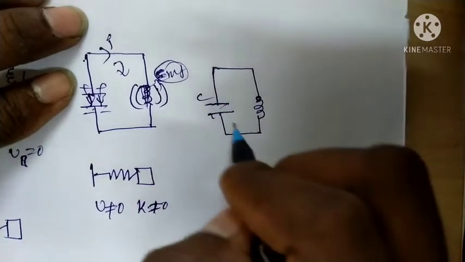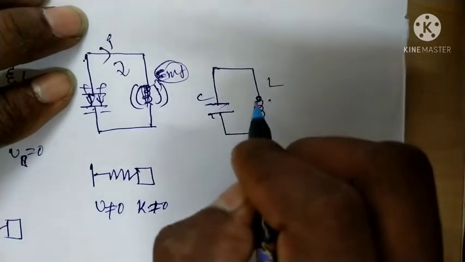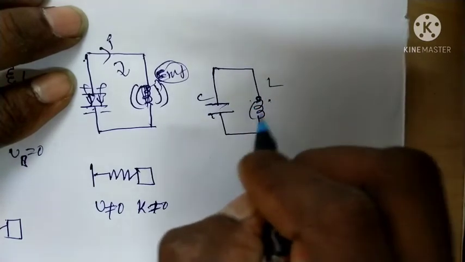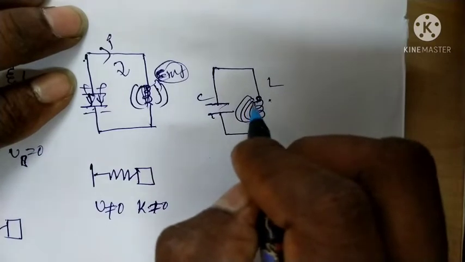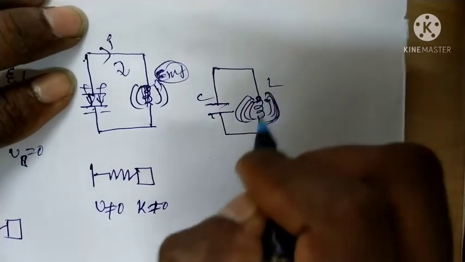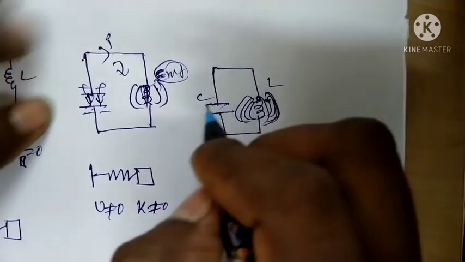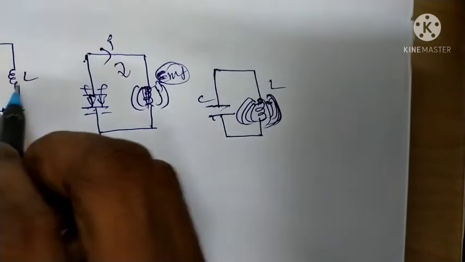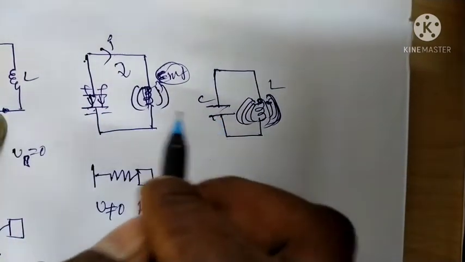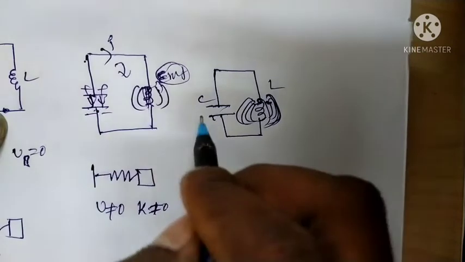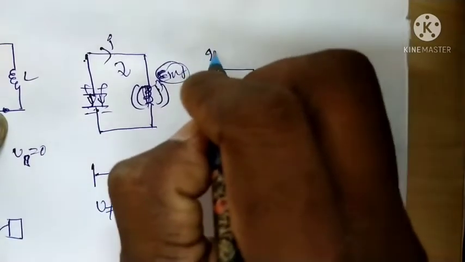Suppose in the third case, in the inductor there will be a lot of magnetic field, magnetic lines of force. We get maximum energy in the inductor, while the capacitor was maximum initially. There were 2 charge carriers, now there is 0 charge carrier, that is, Q is equal to 0.